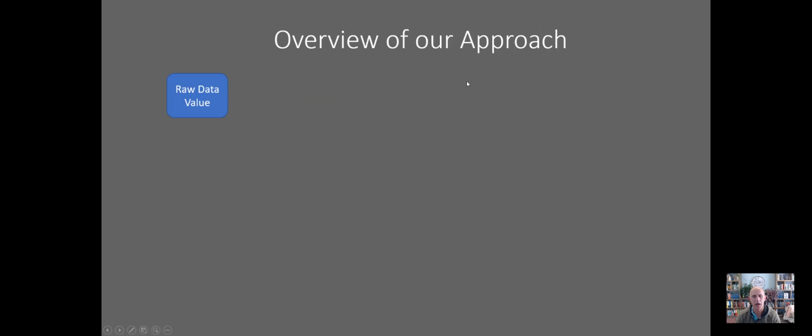Now let's look at an overview of our approach. Remember, in this video we're dealing with numerical data. So we get our raw data value, and we expect there could be anything in that raw data. It could be an invalid number or a number that's outside of our expected range, and we want to handle all of those cases. So the first thing we do is we check whether the data represents one of our missing or unknown placeholder values.